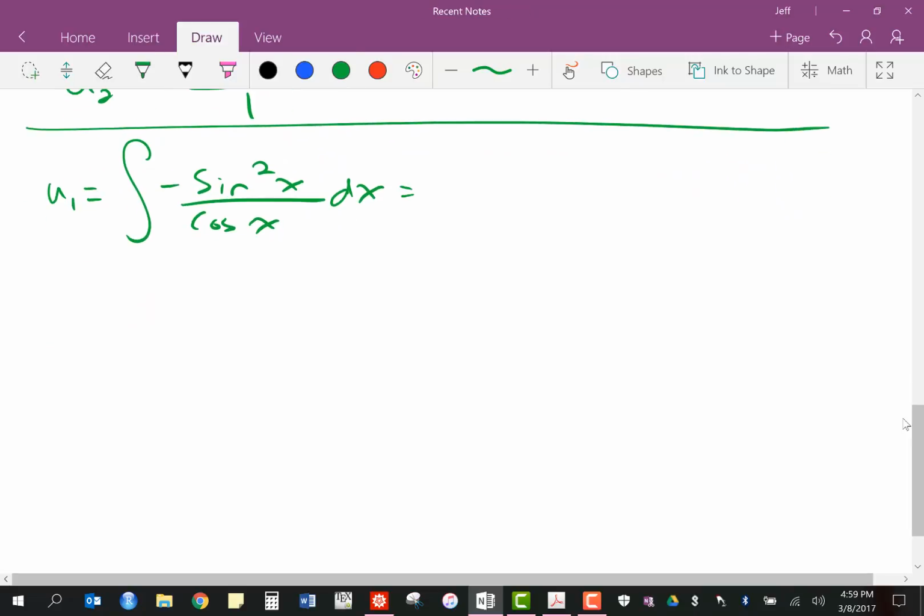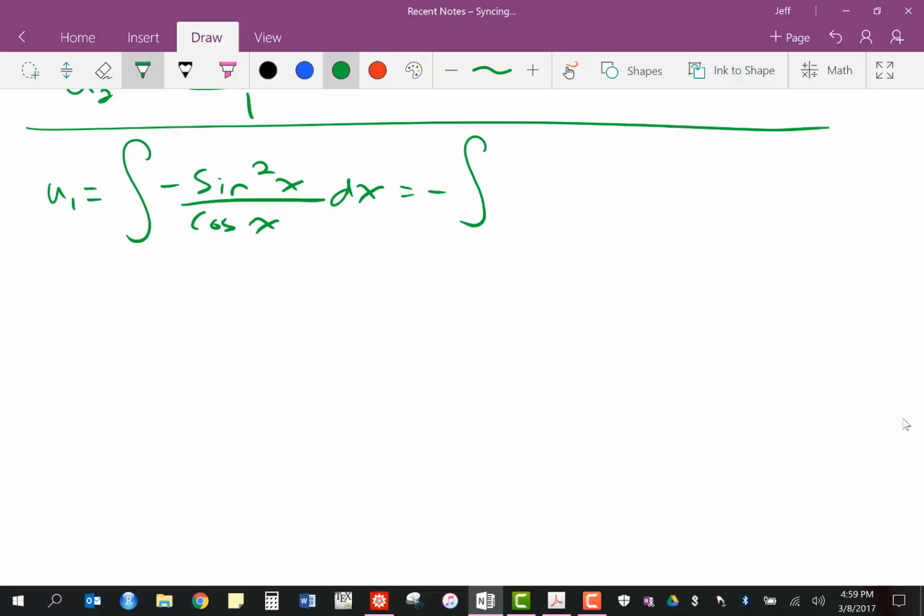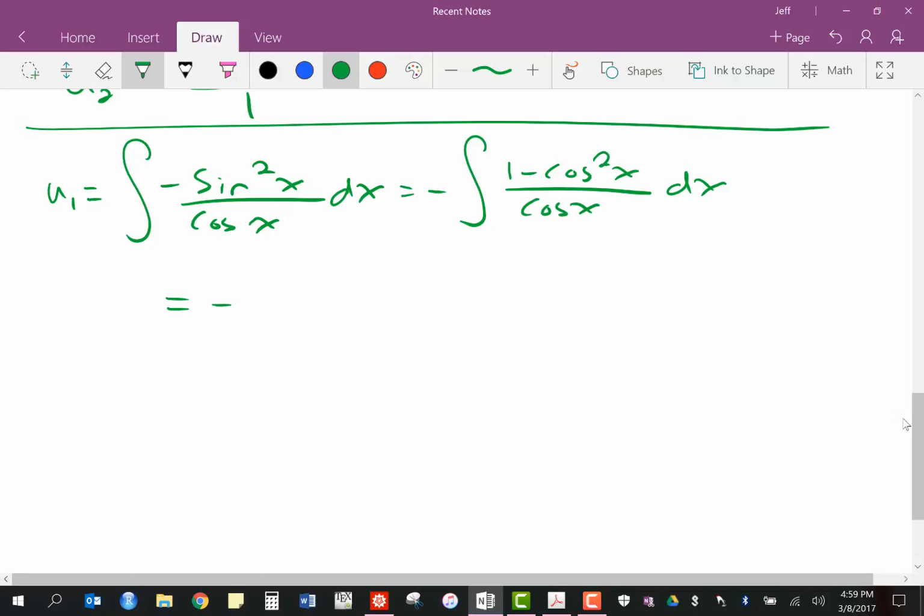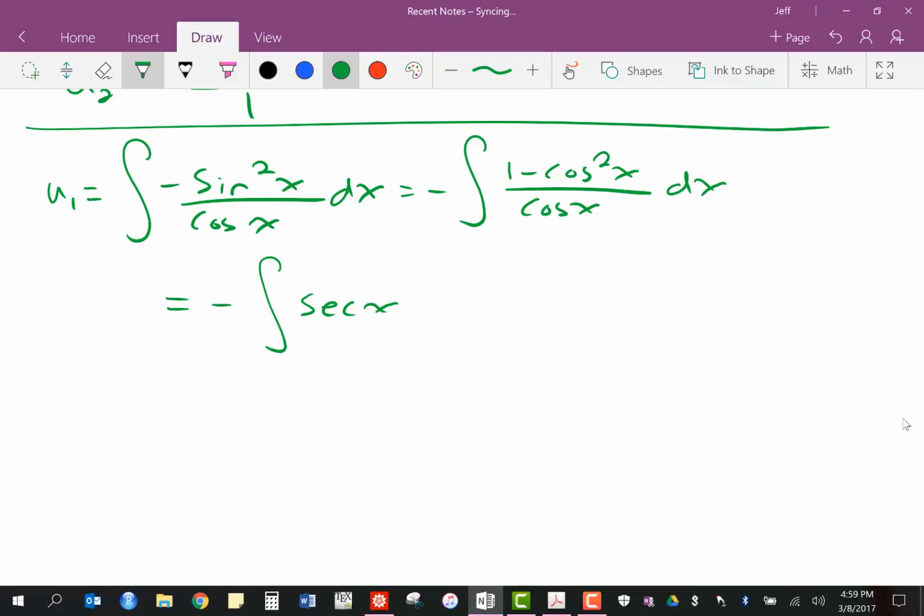The easiest way to do this, I'll put the negative out in front, is to replace the sine squared with 1 minus cosine squared of x divided by the cosine of x dx. Then this would be, again, leave the negative out there, the secant of x minus the cosine of x dx, and those are both things that we can integrate.